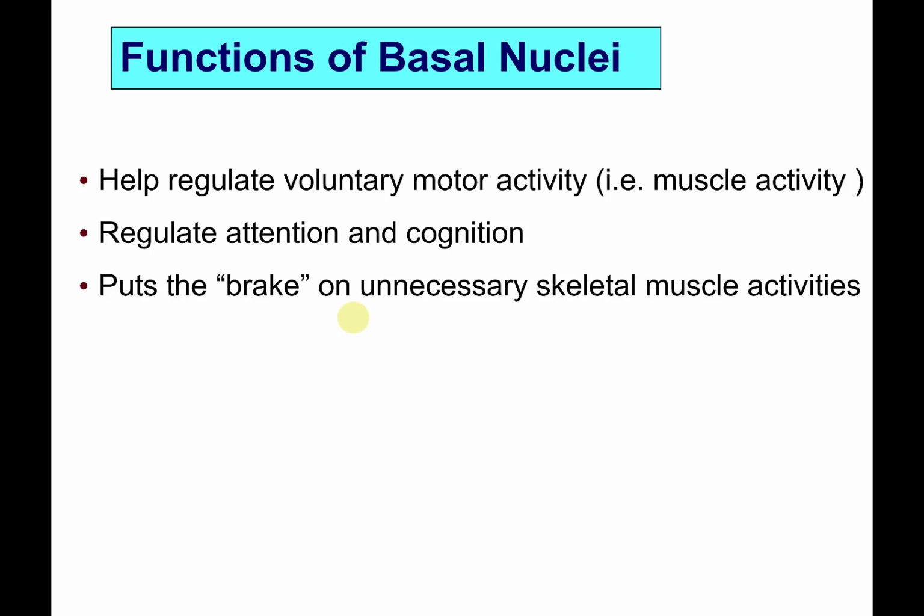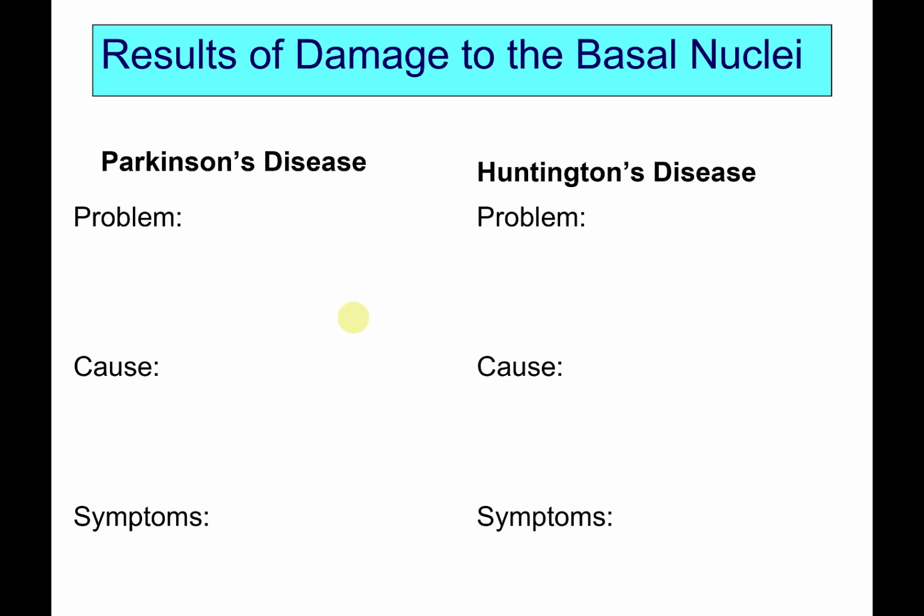So if that's the case, then one would think if there is damage to the basal nuclei, then it might affect movement. And that's the case. We're going to look at these two examples where damage to the basal nuclei occurs. The first one is called Parkinson's disease, and this affects between 1 and 1.5 million Americans.